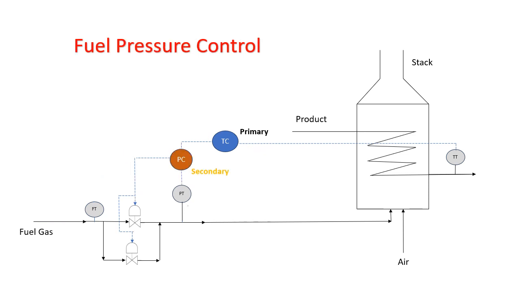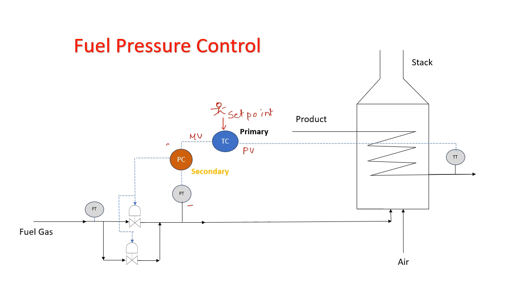So there is a pressure transmitter. Again, the TC will be the primary controller and the pressure controller will be the secondary controller. So TT will give output, and this output will act as the PV to the temperature controller. Okay, and the temperature controller output is MV, and there will be a set point given by the operator.